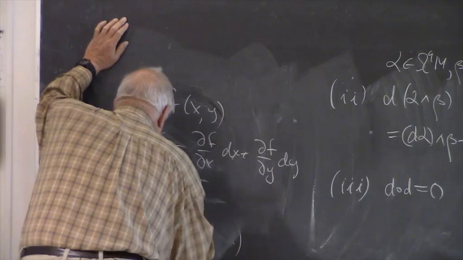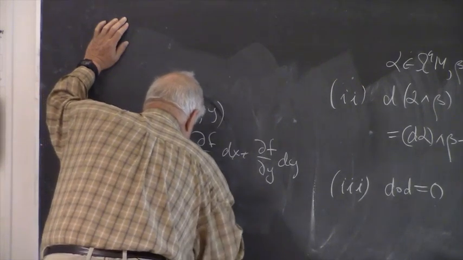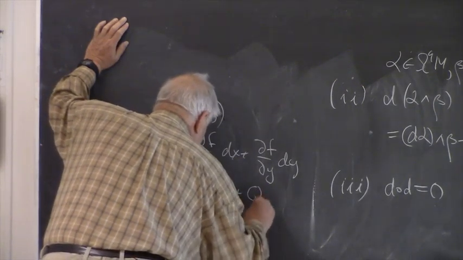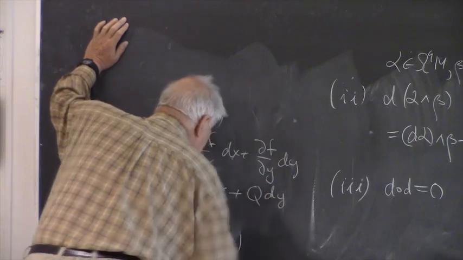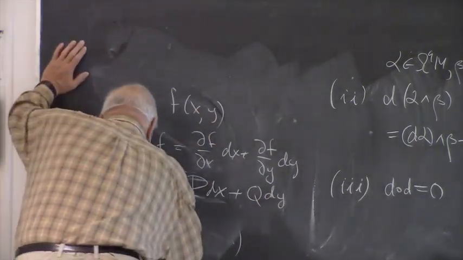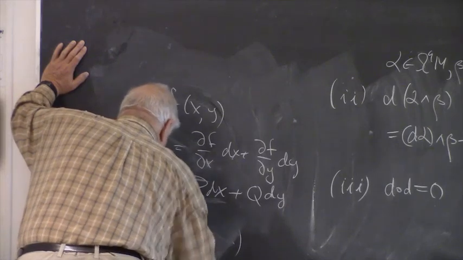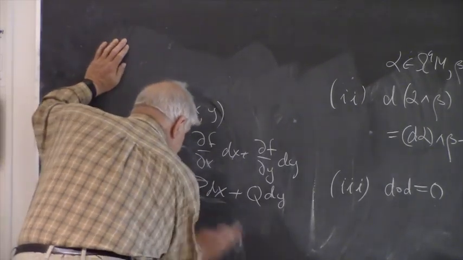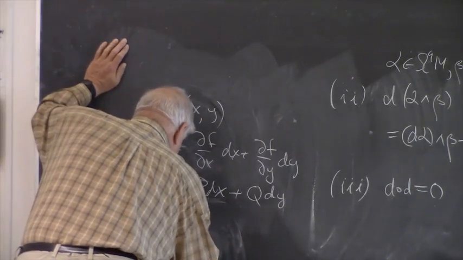But what if we have a form of degree 1? Here p and q are functions in x and y. And what is d alpha? Well, I prefer to write it without any omissions at first.